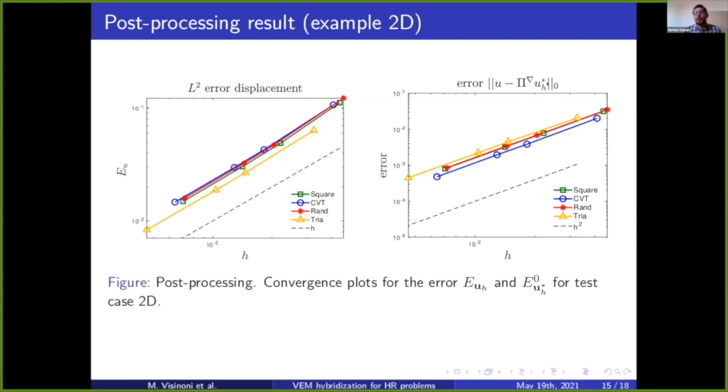Here we consider a non-conforming VEM, so we need the projection to compute this error. We can observe that with our reconstruction we gain an order of convergence: this is first order, this is second order, and the error is less than the standard, original one. So these are the results for 2D.